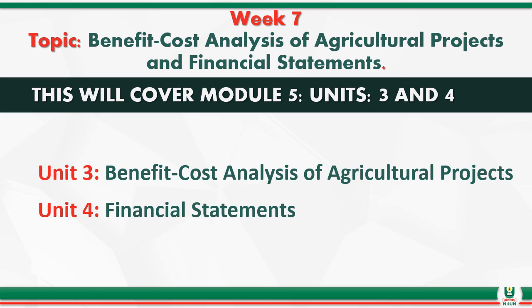Then looking at the financial statement, that is Unit 4. Unit 4, financial statement, under week 7, we'll be able to discuss the assets and liability, the meaning of assets, the meaning of liability. We'll look at them.